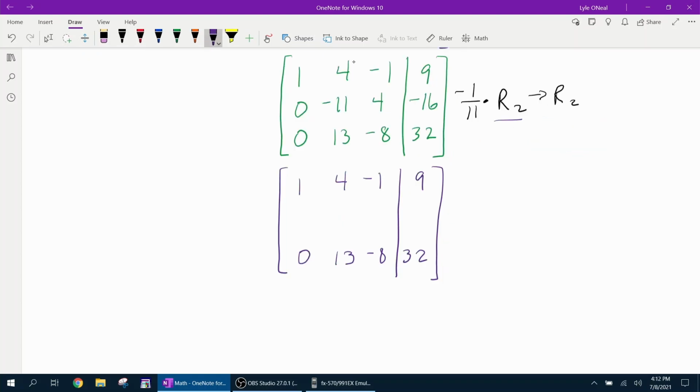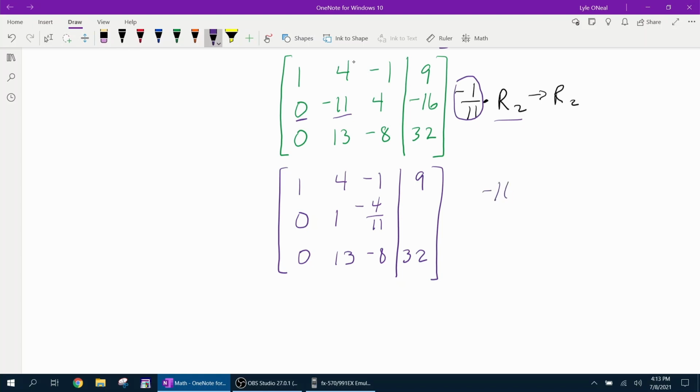Multiplying row 2 by -1/11. 0 times anything is still 0, so that retains the 0 that I got. -11 times -1/11: negative times a negative makes a +1. -1/11 times 4: 4 could be expressed as 4/1, times -1/11 means I'm going to have -4/11.